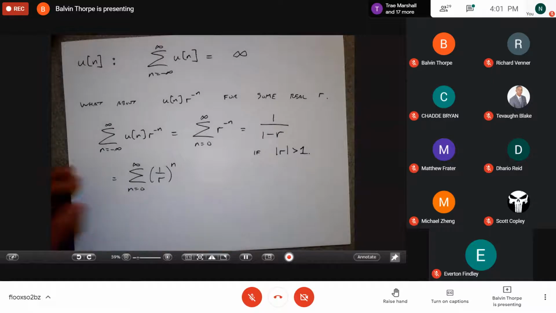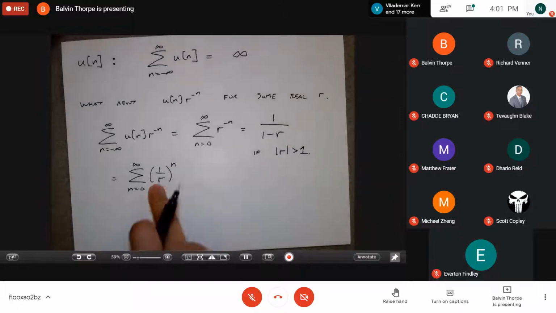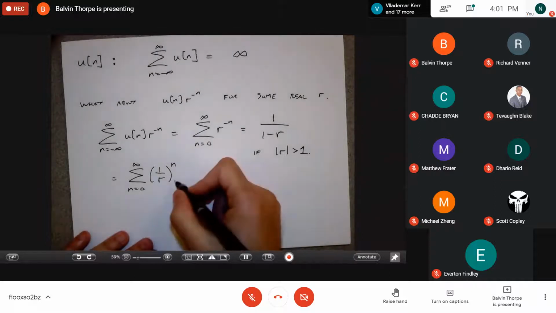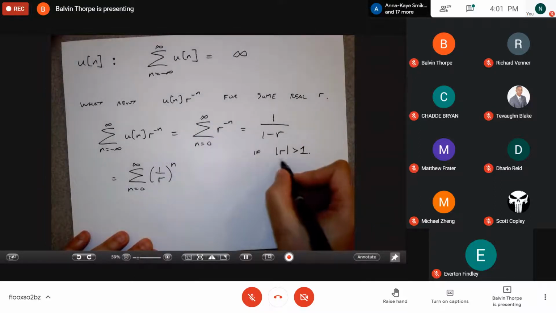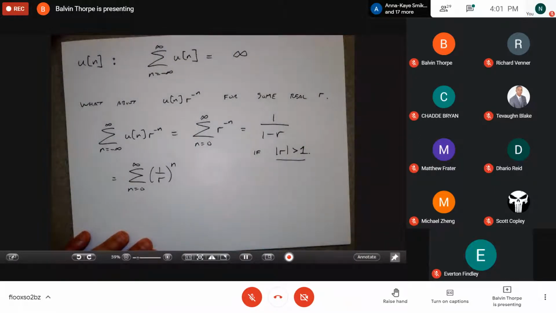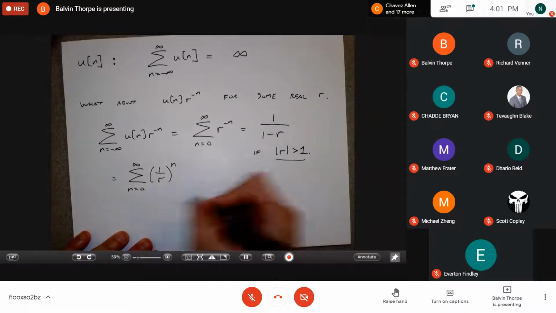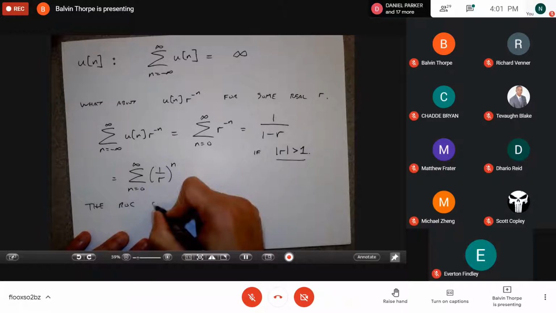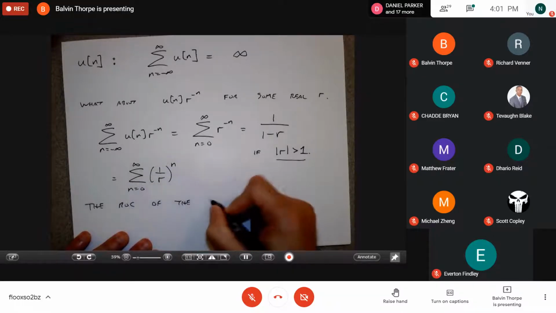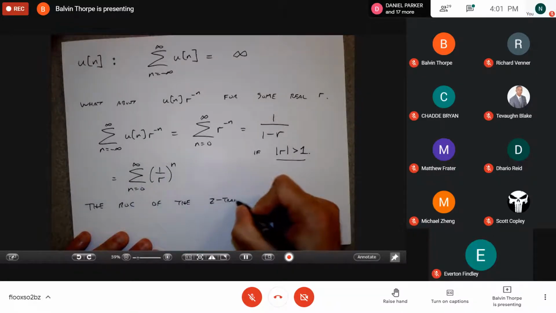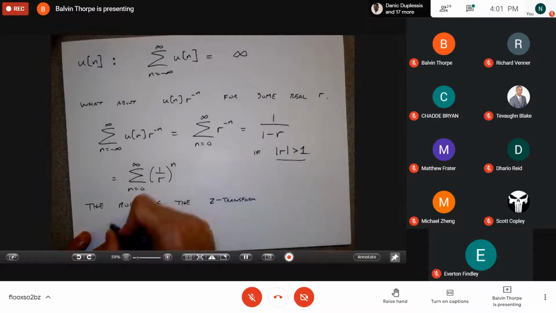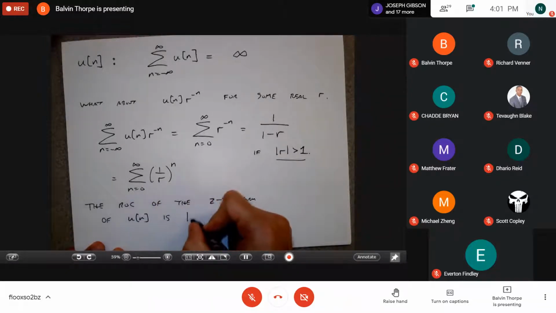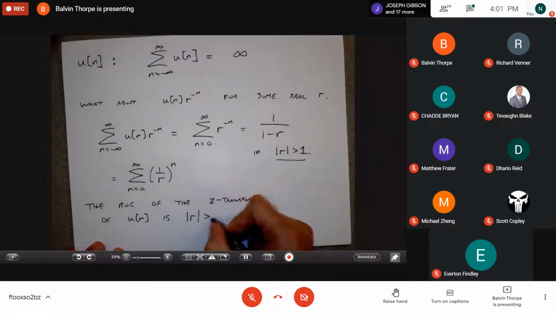When I have an infinite series like this, I need to make sure that each of these terms is less than 1. And so this is going to converge in this region. So the ROC of the Z transform of u of n is the magnitude of r greater than 1.